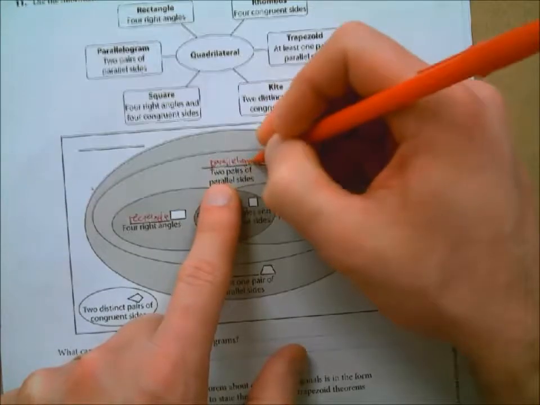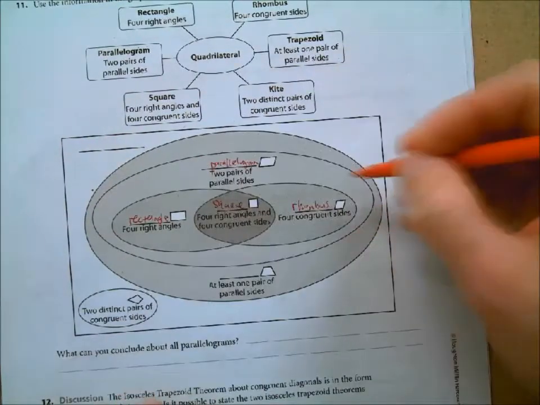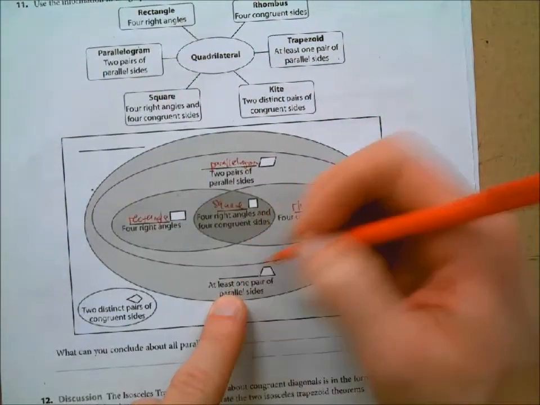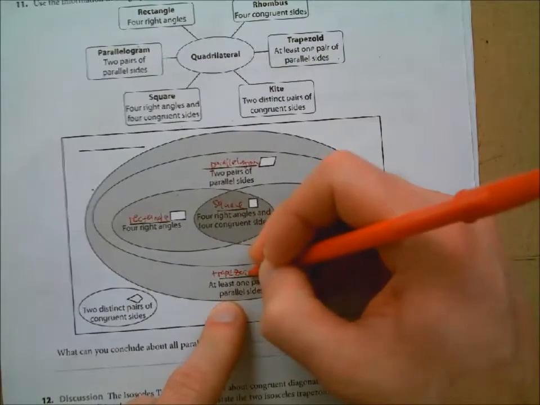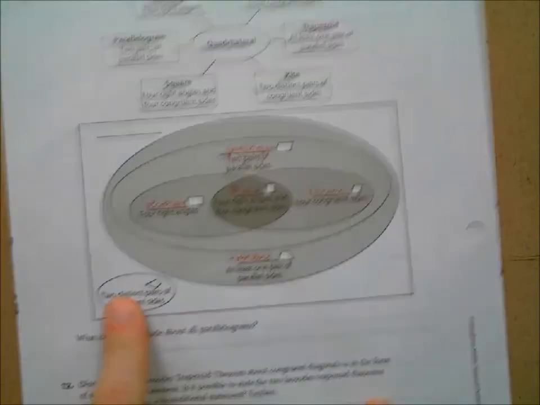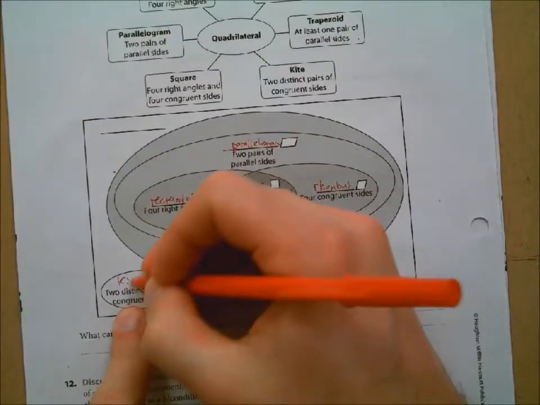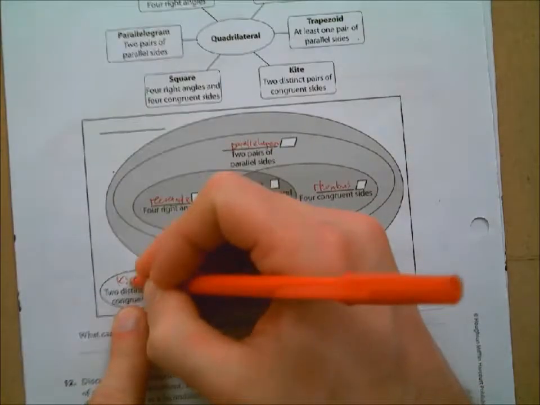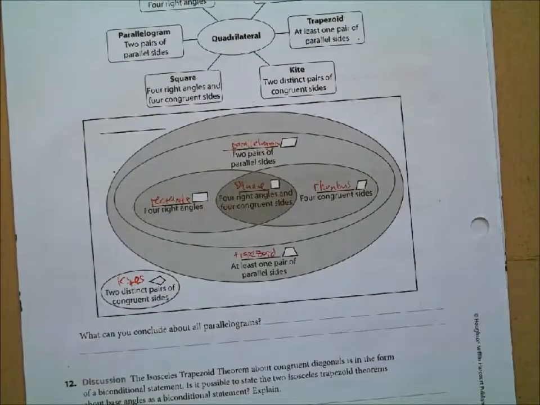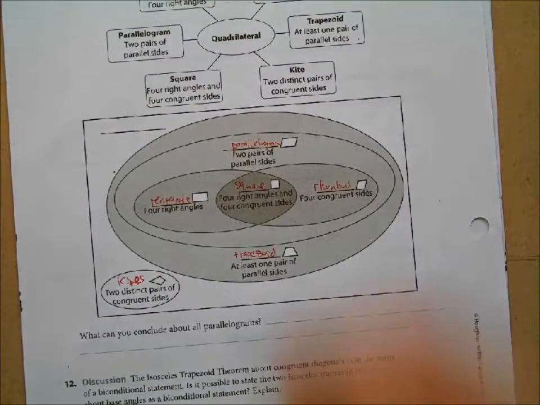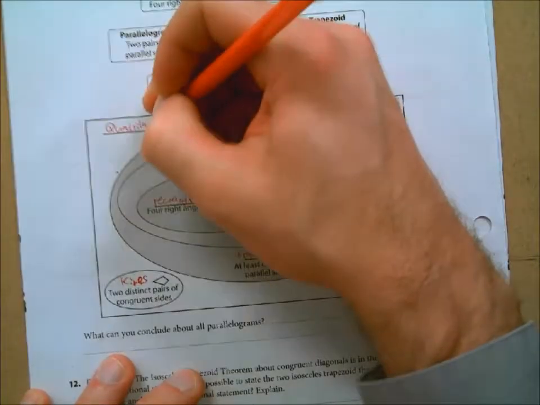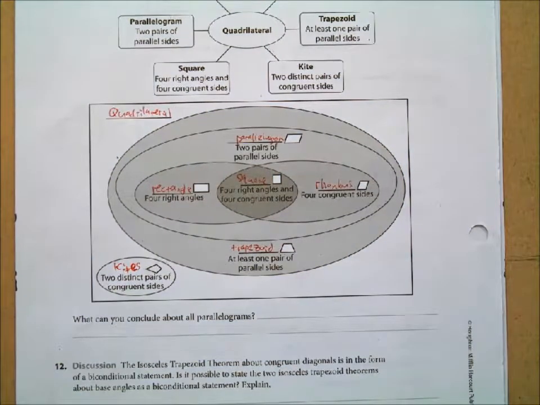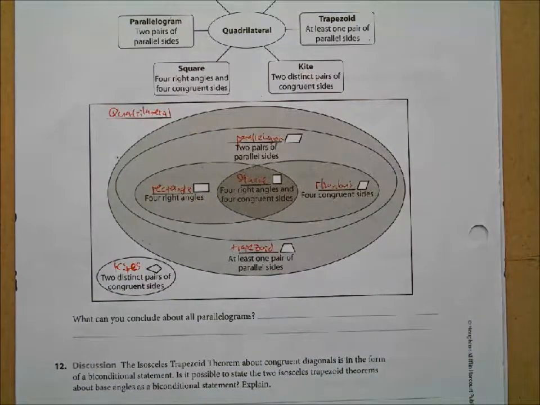But now notice the parallelogram oval is contained within the trapezoid oval. Kites are in their own little oval to themselves. They're not a trapezoid, they're not a parallelogram, they're not a rectangle or rhombus, and they're all, though, contained within that quadrilateral space. So there's a little Venn diagram to show how they all relate to each other.